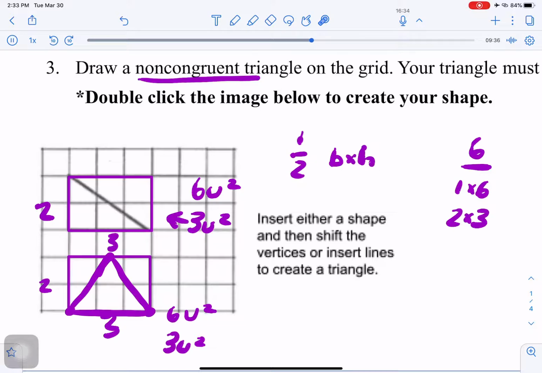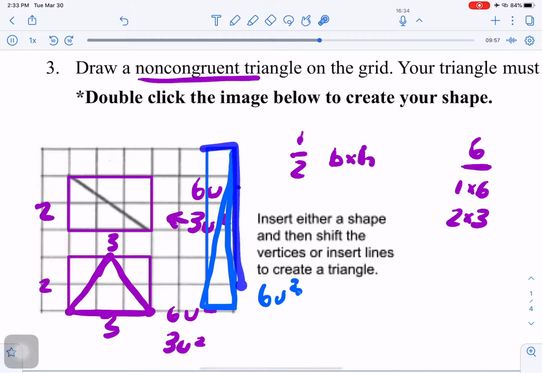Okay, and this rectangle would allow me to draw a triangle connecting from here to here to here to there. Okay, so this would be a rectangle with an area of 6 units squared, and half of that would give me a triangle with an area of 3 units squared. Okay?